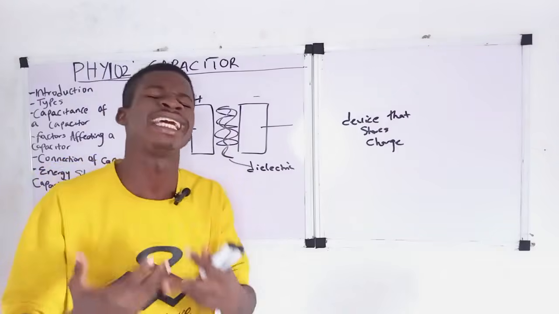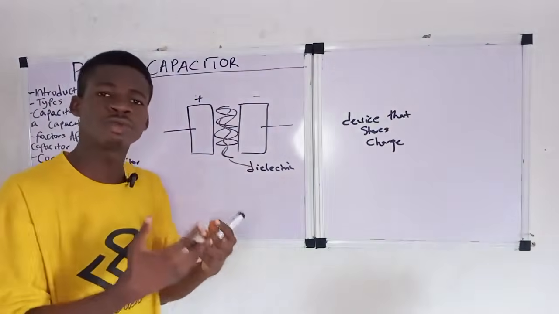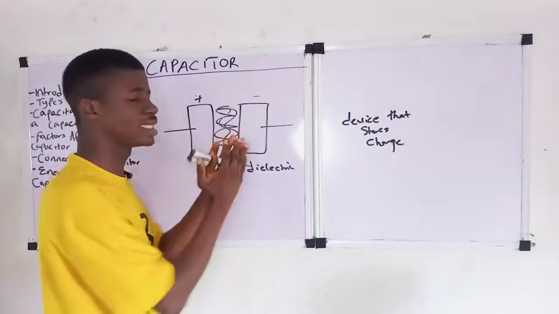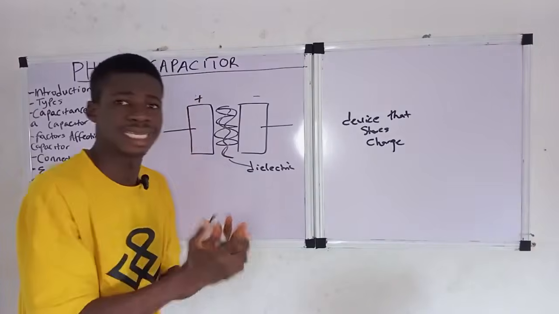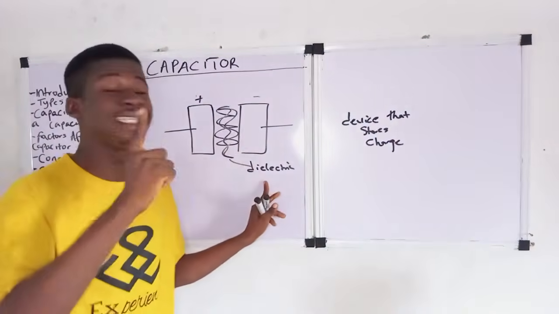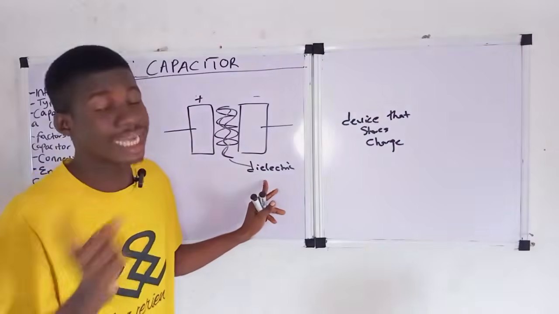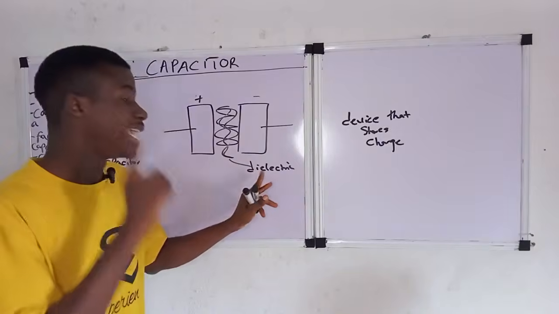Now you may ask, why is it that the two plates in a capacitor are separated by a dielectric? Remember, a dielectric is an insulating material, that is a material that does not conduct electricity.